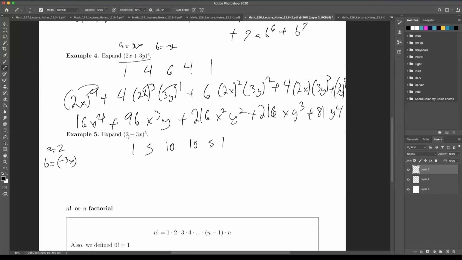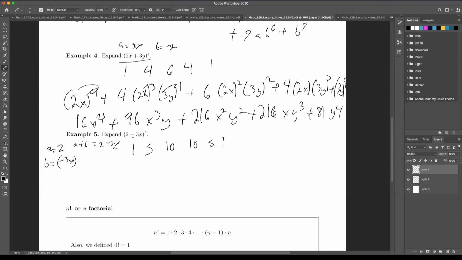Go ahead and make this a plus, and so if I have a plus b, that's going to be equal to 2 minus 3x. So we've got to make it so b has to be negative in this case. If you have a negative symbol, or the minus, just suck that into b, and then we'll crunch through this.